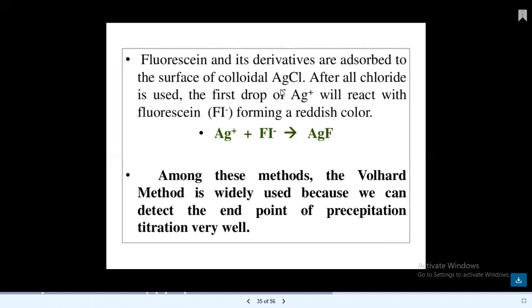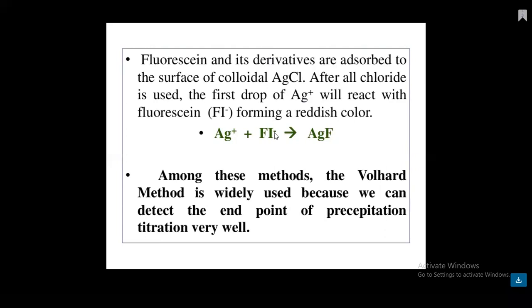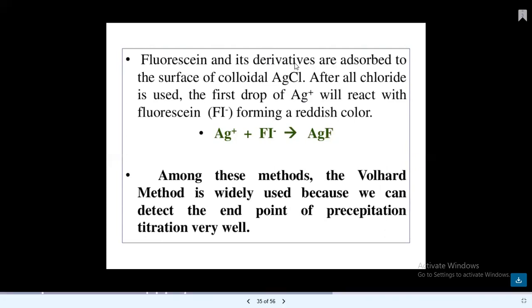When we add the silver titrant, the silver will be present at the outer side of this precipitate in the form of Ag positive ions on the surface of the precipitate. The indicator, which is present in anionic form, is attracted by this positive charge and adsorbed at the surface of the precipitate, the outermost layer containing Ag positive, and converts into AgF.